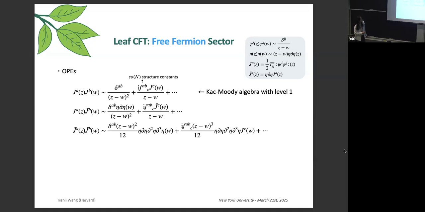I won't get into how to obtain the J bar OPE, but I'll comment on a related selection rule after showing you the result. The result for an n-point correlation function of the currents involving two J bars and any number of J's in the large N limit is exactly the spin part of the leaf amplitude.